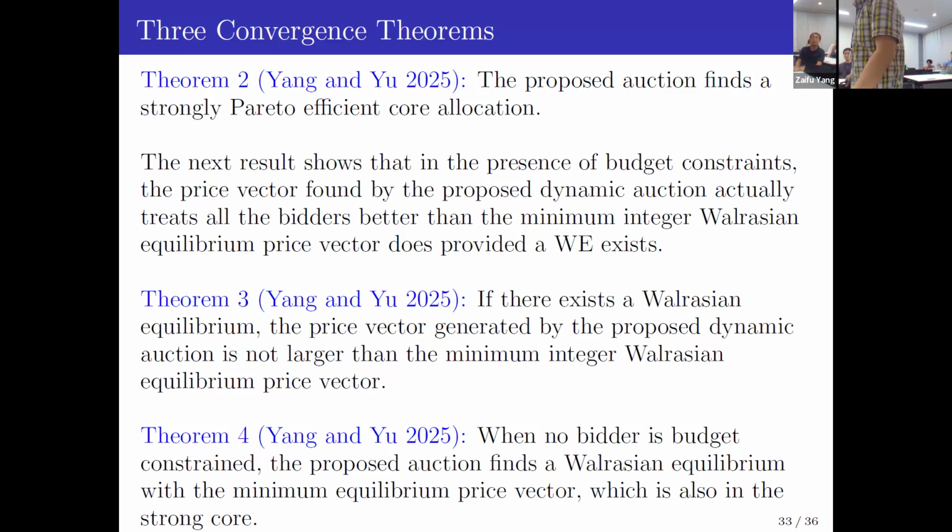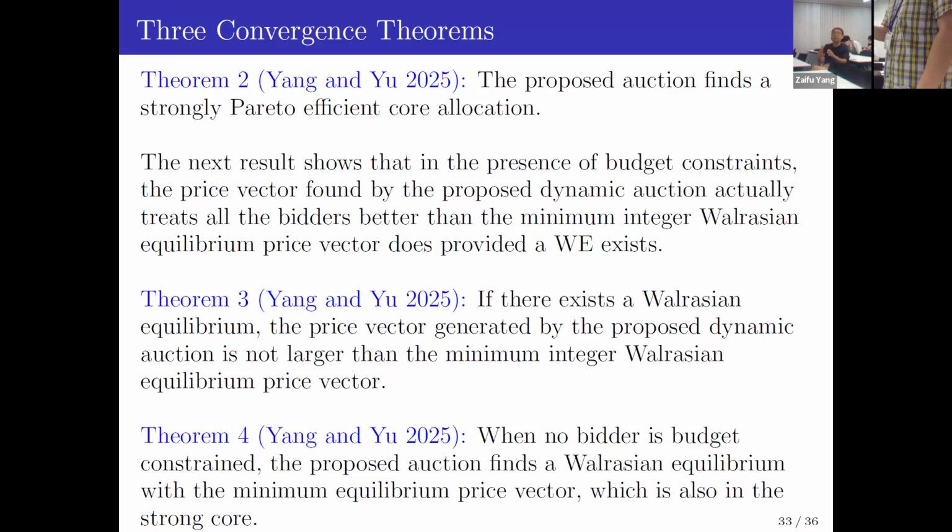Oh, in general, right, we have a paper I mentioned at the beginning. We can have a very general one with low restriction on preference. If bidders are budget constrained, then we have a dynamic auction which can find a core allocation, and this core allocation is also strongly Pareto efficient.